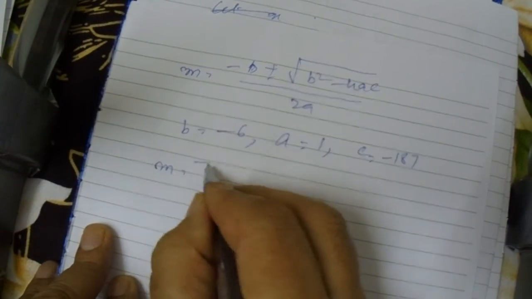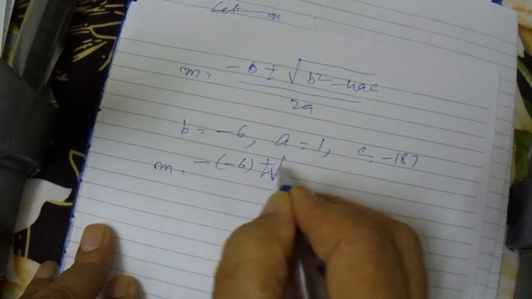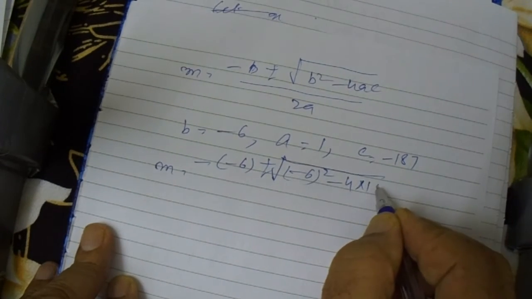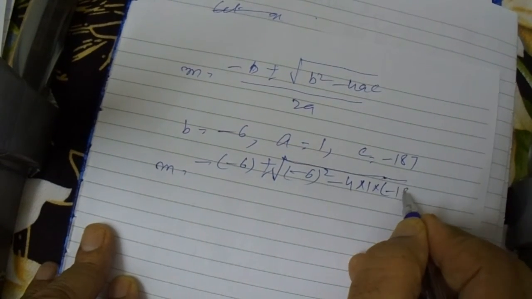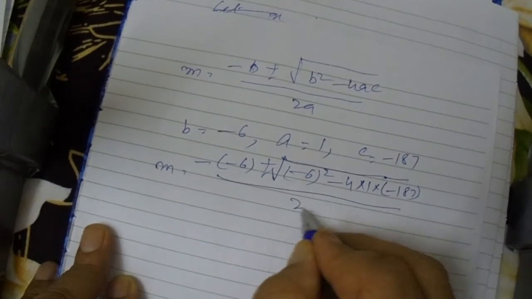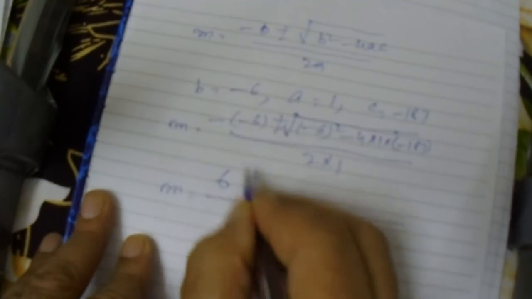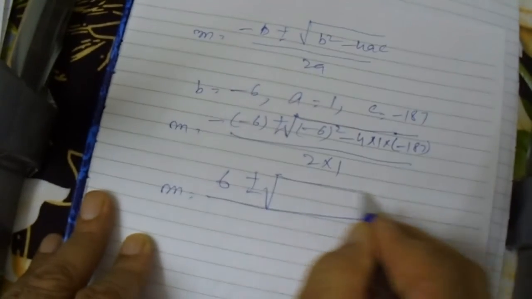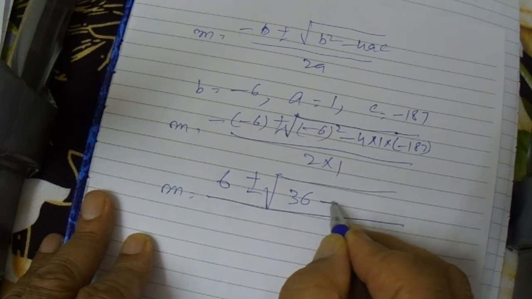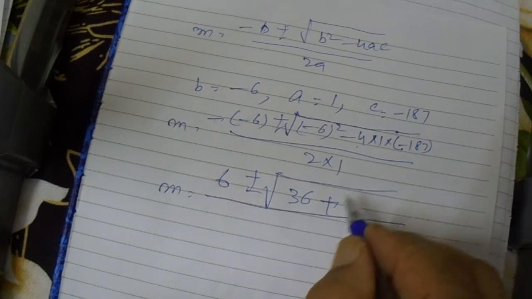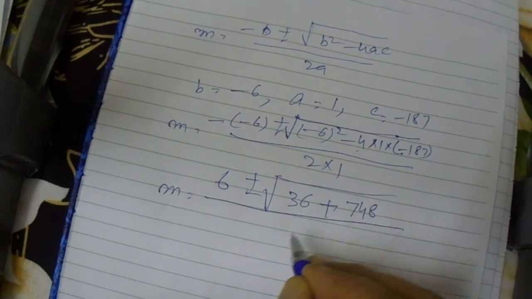m is equal to minus into minus 6, plus minus square root of minus 6 whole square minus 4 multiplied by 1 multiplied by minus 187, over 2 multiplied by 1. m is equal to 6 plus minus square root of 36 plus 187 multiplied by 4, which is 748, over 2.